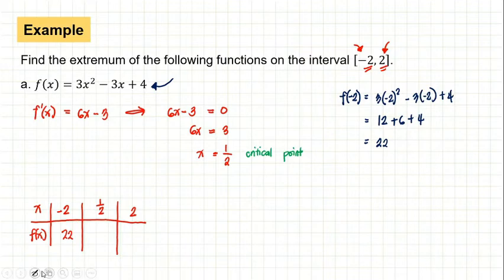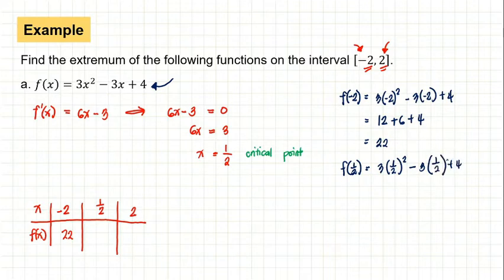Next, let's have 1 half. So f of 1 half will be equal to 3 times 1 half squared, minus 3 times 1 half, plus 4. So we will have 1 half squared is 1/4, times 3.